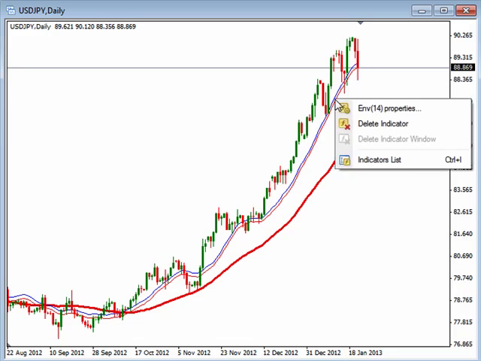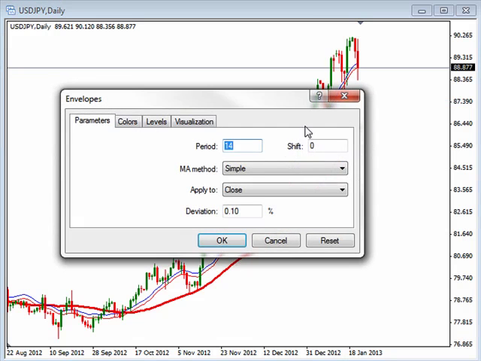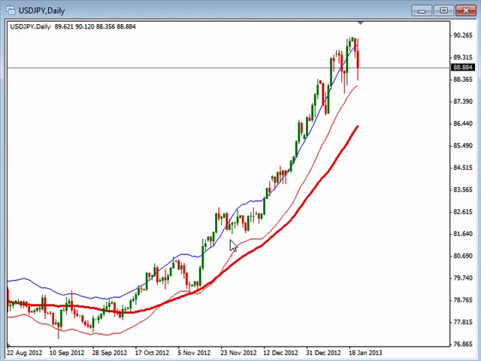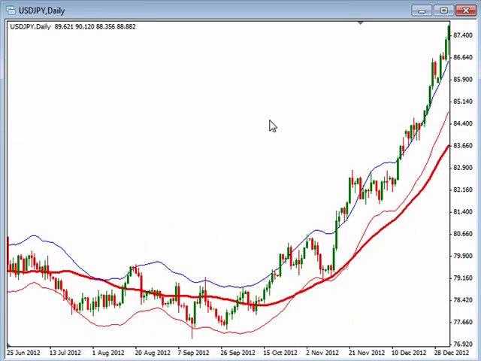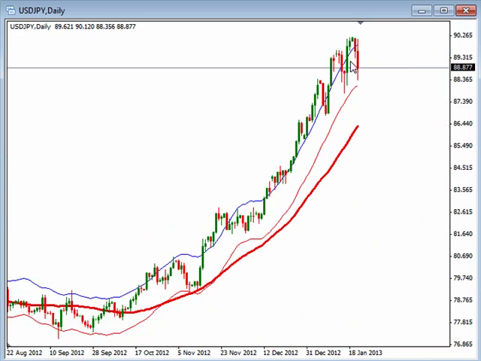Now, this you'd have to play around with a little bit, but you can see that we can make it wide enough to where it actually looks like a channel, similar to a Bollinger Band, although not exactly. And you can get an idea of the trend that's happening there.